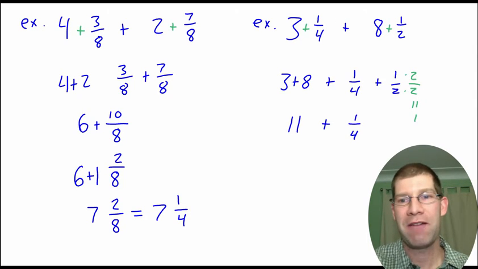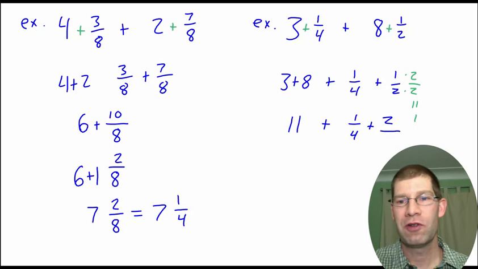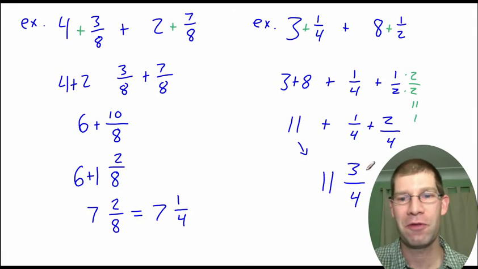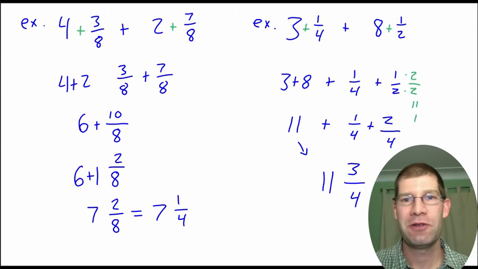So I'm multiplying 1/2 by 1, which doesn't change its value any, but gives me 1 times 2 is 2 over 2 times 2 is 4. Now when I combine these parts, I have 1 plus 2 is a 3. Then I have my common denominator of a 4. So last but not least, I can put it all back together again. So the final answer would be 11 3/4, and 3/4 is already reduced.